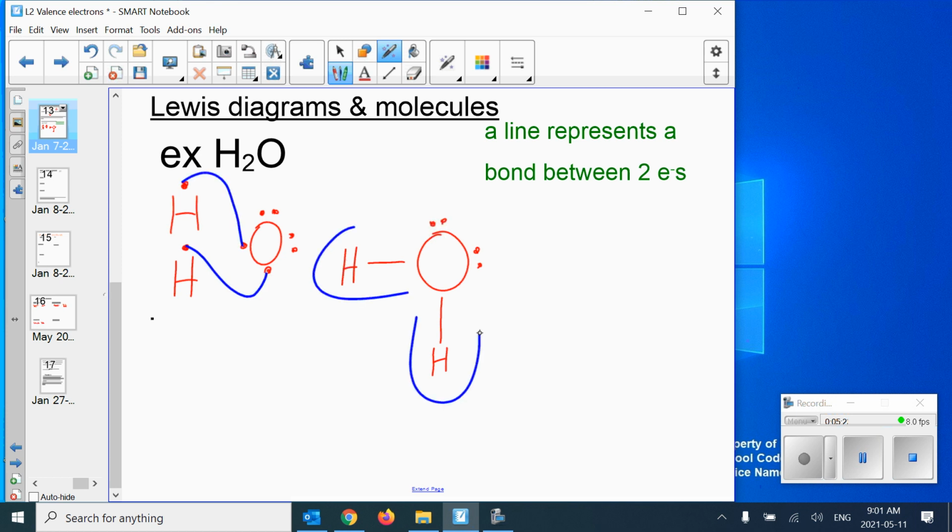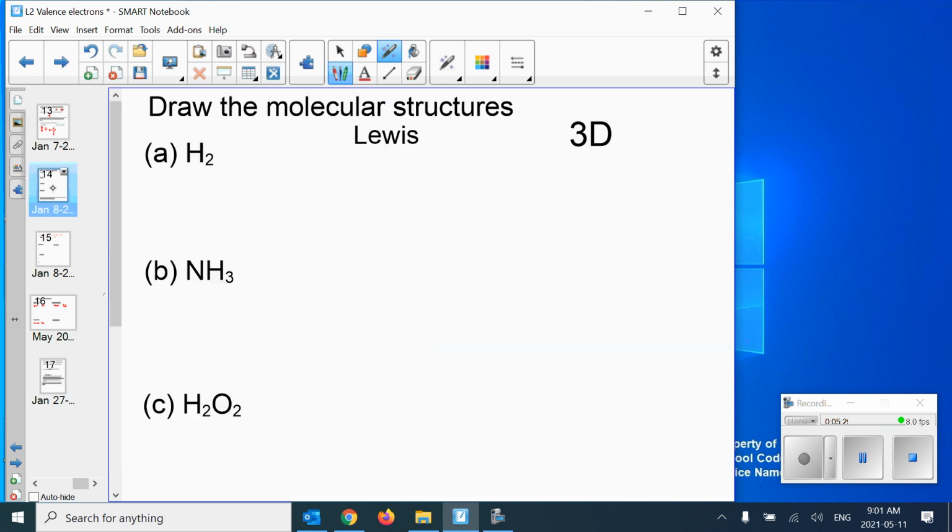That's how this works. I'm going to get you guys to do some practice. And it's kind of trial and error to see how they fit together. Ignore the 3D thing right now, because I'll have to give you a chance to play around with models. But draw the molecular structures.